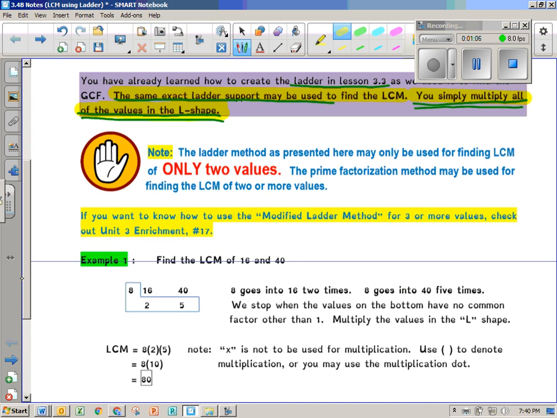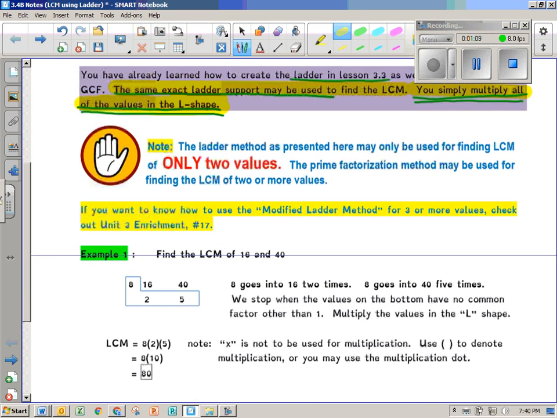You know when I put a big hand up or a caution sign, that means pay attention. This is really important. The ladder method, how I'm presenting it here, will only find the LCM for two values. The prime factorization method might be preferable for LCM when you have more values.